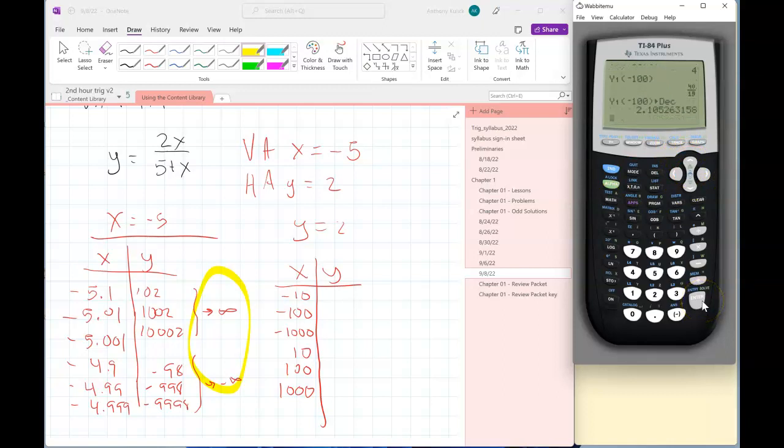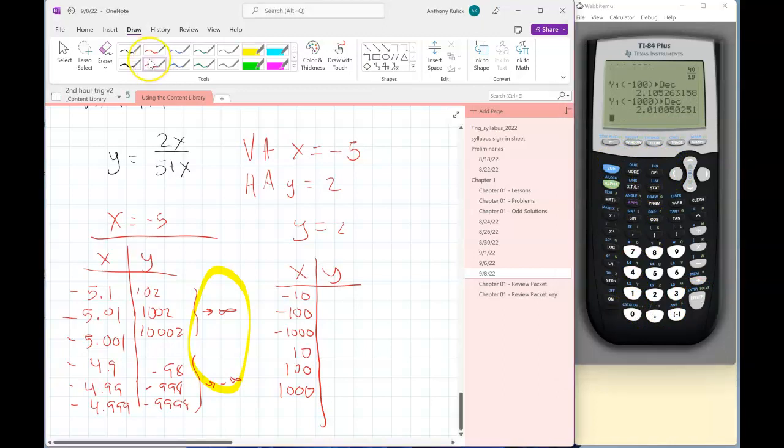That'll just output decimal values, which is going to be more useful to me since I don't want a big crazy fraction. So that looks good for 211 and then 201. Looks like here we're going to 2, which is what it should be. That's my horizontal asymptote.